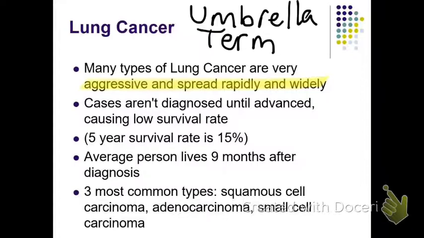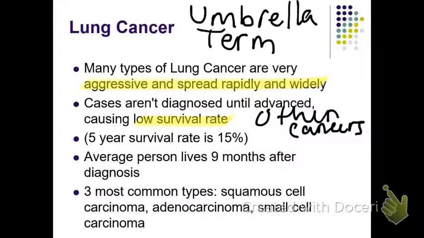It can be hard to diagnose, and typically lung cancer has a low survival rate, and lung cancer can be a result of other cancers. The average person lives about 9 months after the diagnosis due to its late-stage diagnosis.